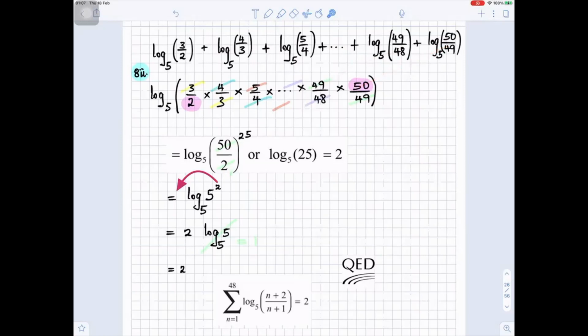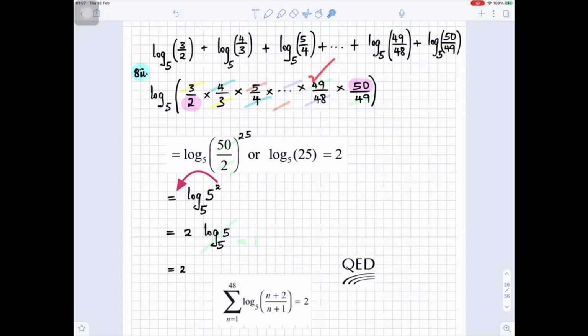But what you want to watch now is look at these numbers carefully. There's a 3 there and there's a 3 there. These 3s will cancel. The reason why I cross it out in yellow, it means they will cancel each other. There's a 4 there and a 4 there, that will cancel each other. And that means this 5 will cancel with the 5 down here somewhere.